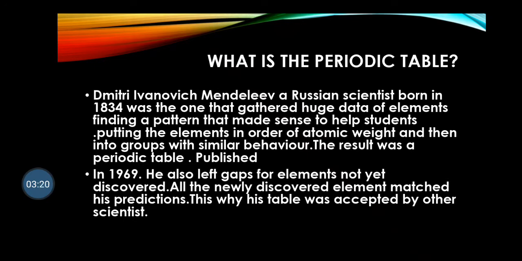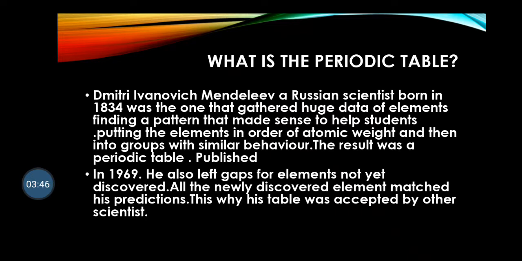Just like I mentioned earlier, the Russian scientist Dmitri Ivanovich Mendeleev, born in 1834, gathered a huge number of elements, looking for a pattern. He got the pattern, and it is from this pattern that we now have a modern understanding of what happens on the periodic table.